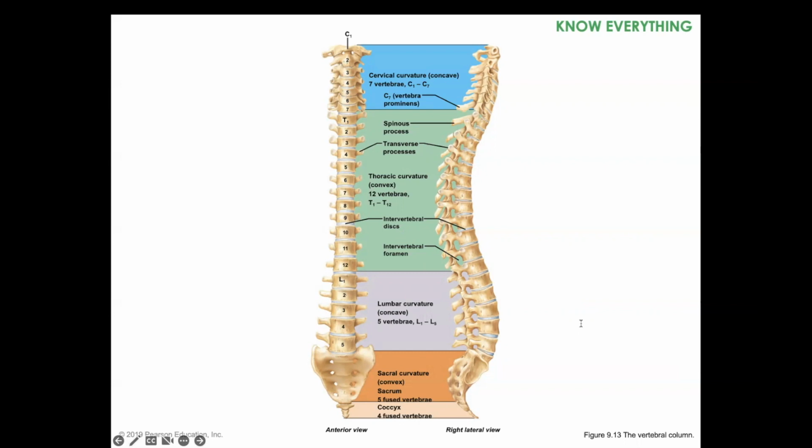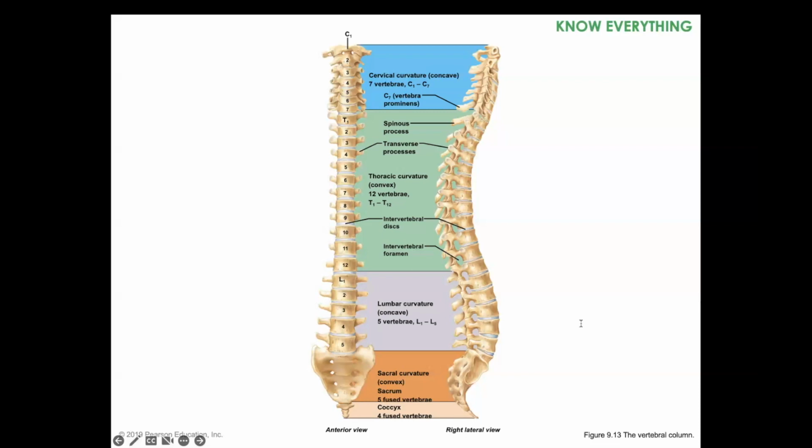The first seven vertebrae, C1 through C7, are your cervical. Your thoracic is T1 through T12, and lumbar is L1 through L5. At the bottom, we have five fused vertebrae, which make up our sacrum. And lastly, we have four fused vertebrae that make up the coccyx.